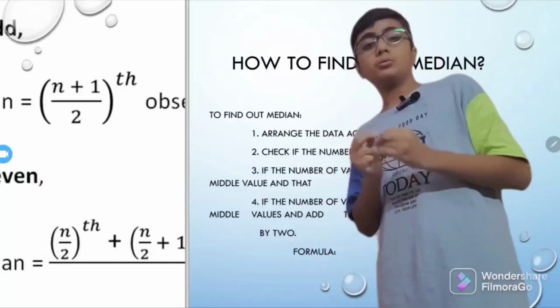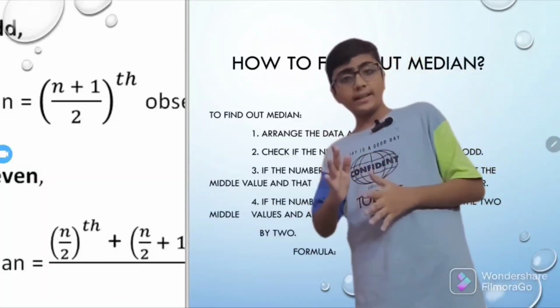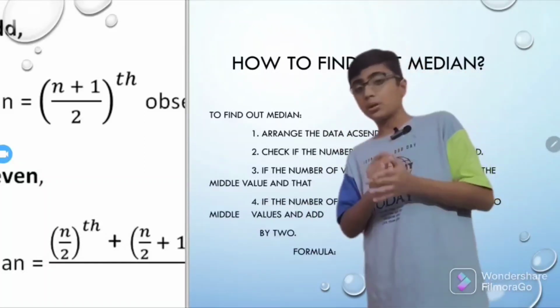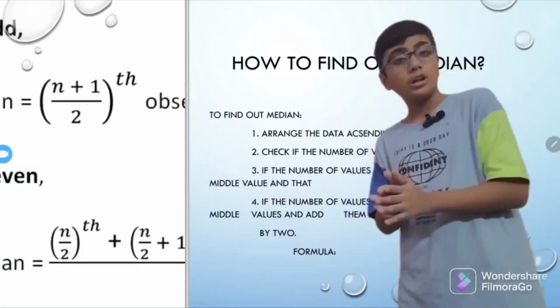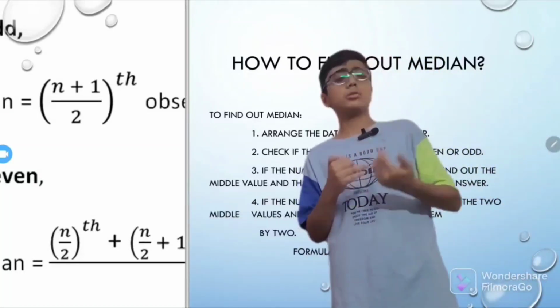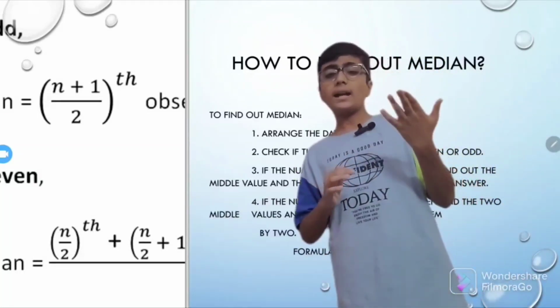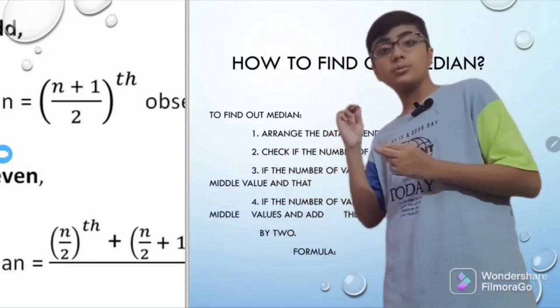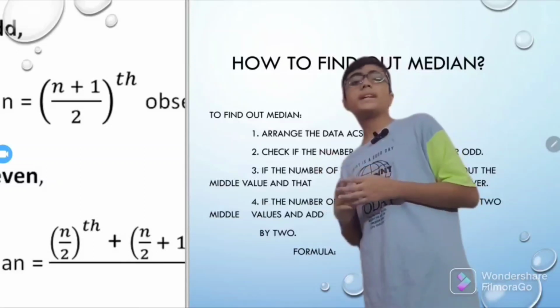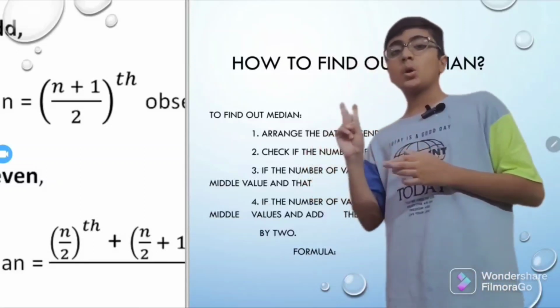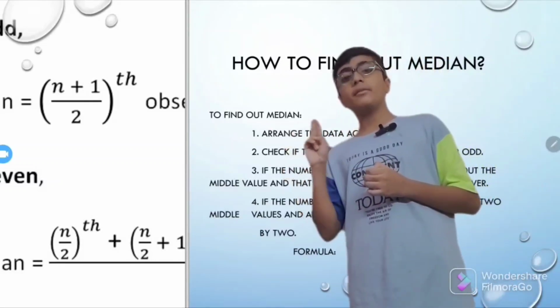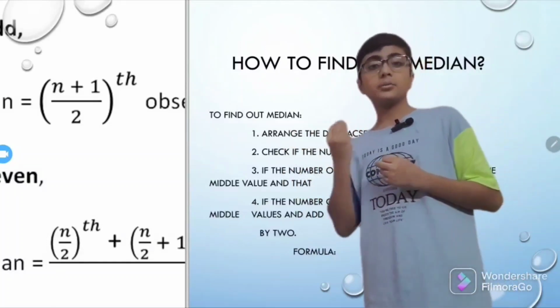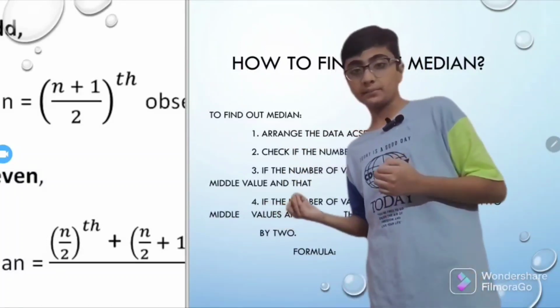If the number of values is odd, then we just have to find the middle value and we would get the median. If the number of values is even, then we would get two middle values, whose sum would be divided by 2 and we would get the median.